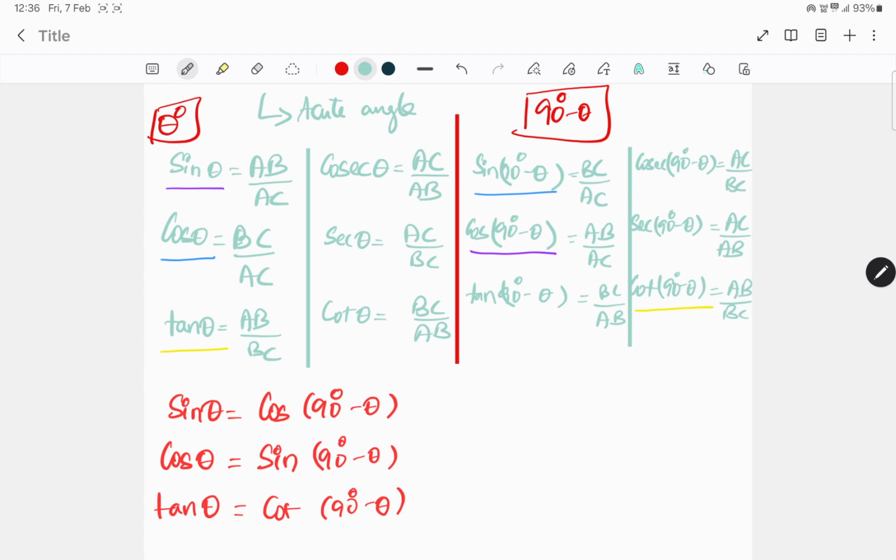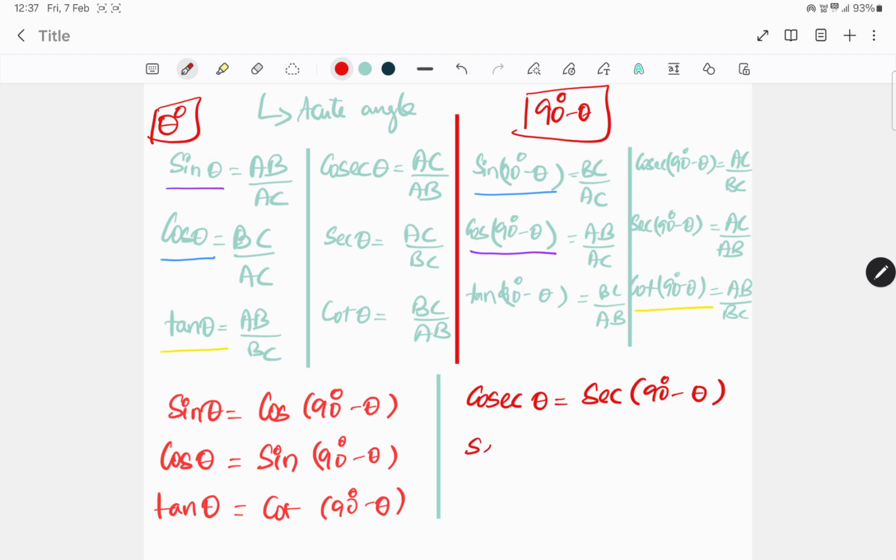In the same way, by comparing these two, we can say that cosecant theta is equal to secant 90 degrees minus theta. Cosecant theta is AC by AB, and this is also AC by AB, that is secant 90 degrees minus theta, right?